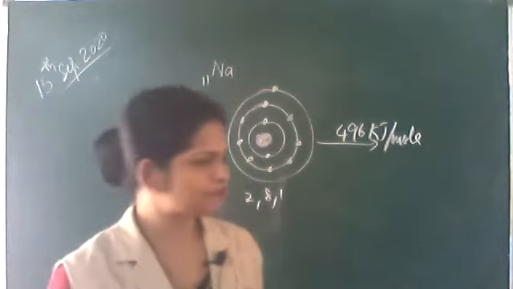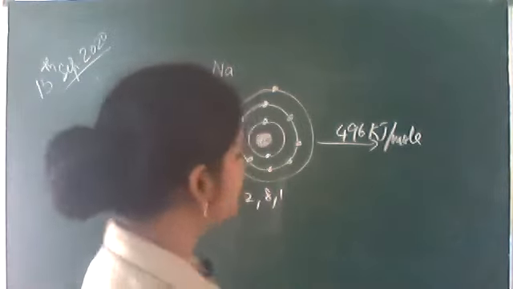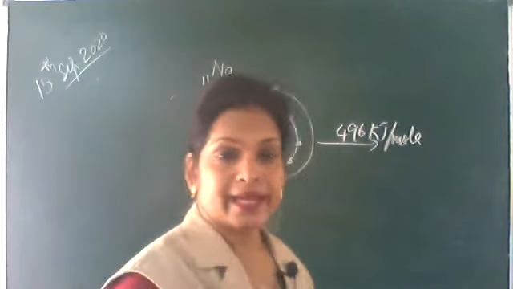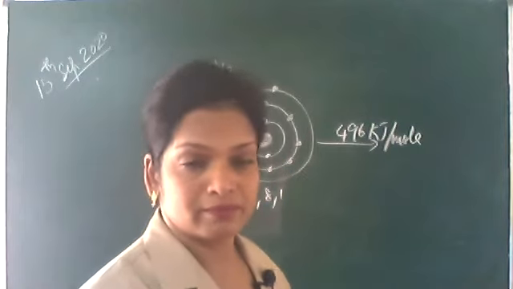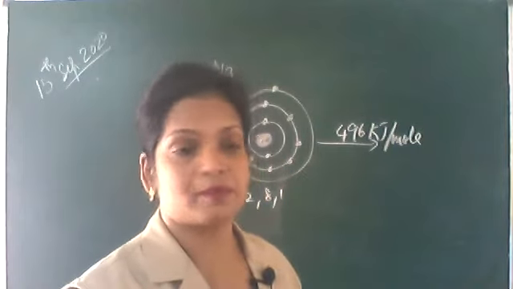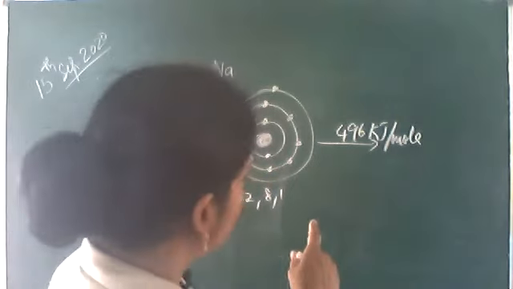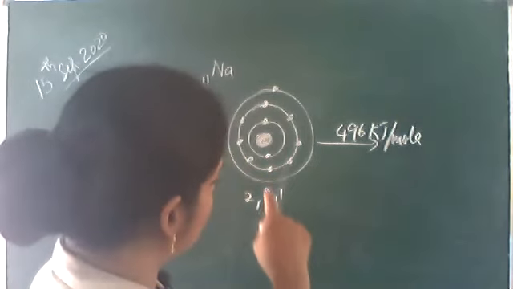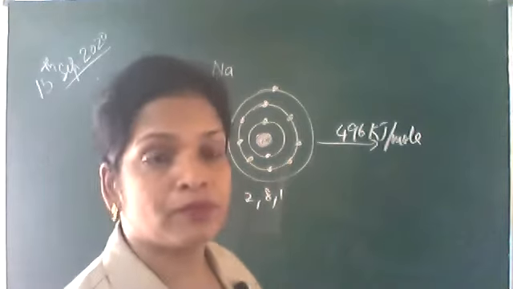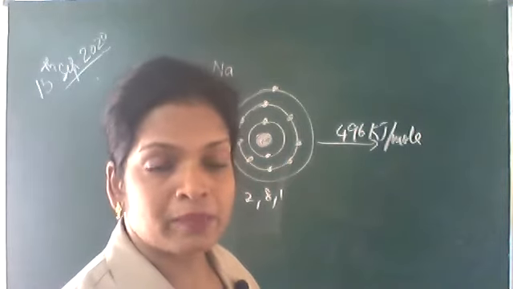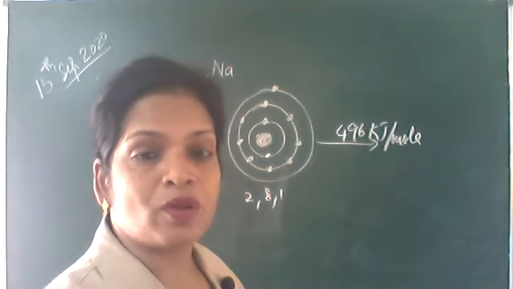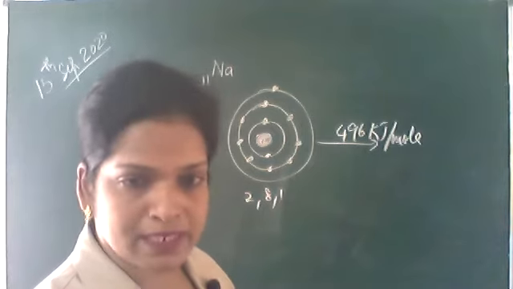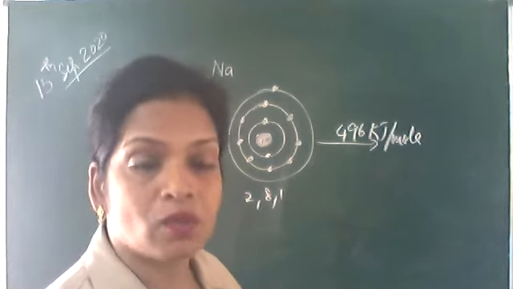That means that last electron can go away by absorbing this much amount of energy, or when we supply this much amount of energy, that last electron will be going away. That means now the number of protons remains the same, but the number of electrons is now less.